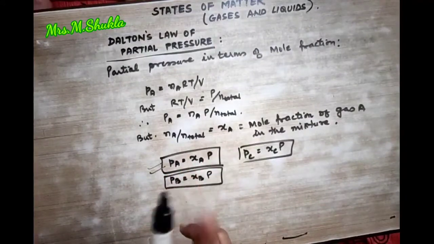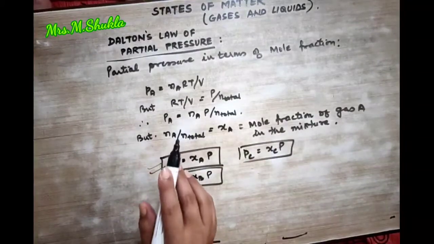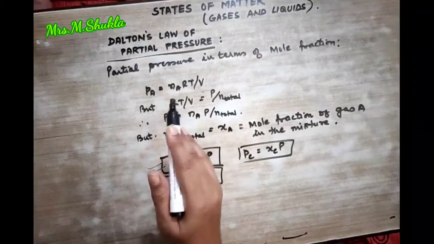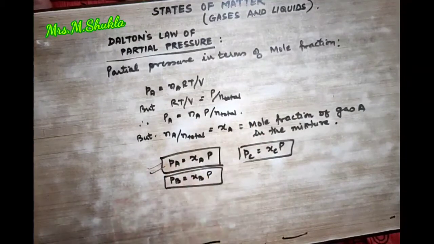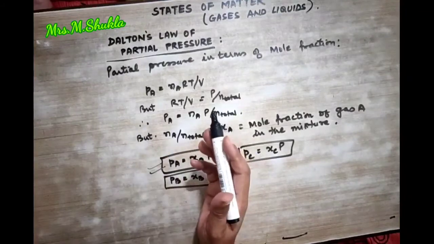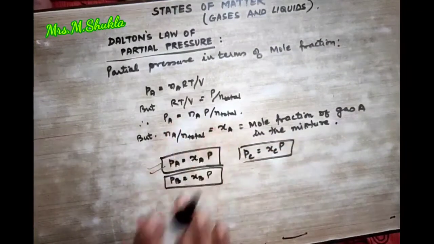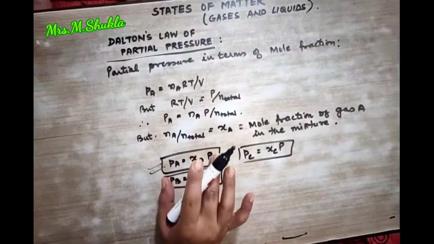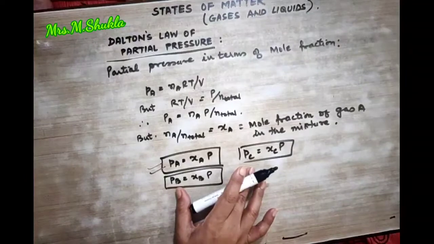If two gases are present in a mixture and one of the gases has a mole fraction of 0.6, then what is the contribution of that particular gas to the total pressure? 60%. Then what about the percentage of the other gas? That will be only 40%. So I hope this point is also clear.